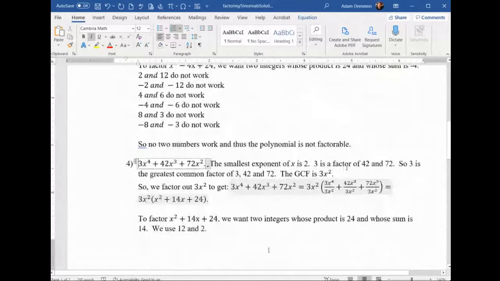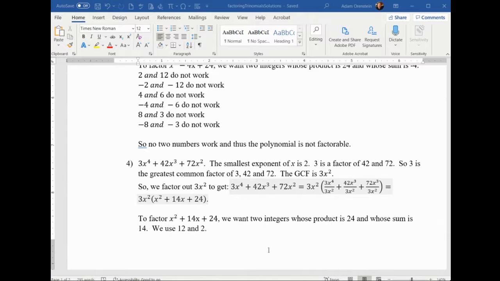Okay, so for number 4, notice here you can factor out the GCF. You can see that the smallest exponent of x, as I have written, is 2. And you also need to get the greatest common factor of 3, 42, and 72.